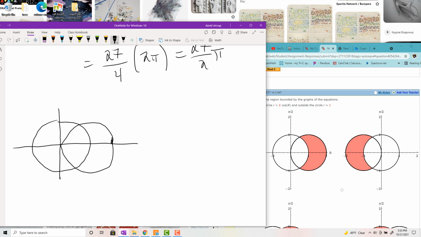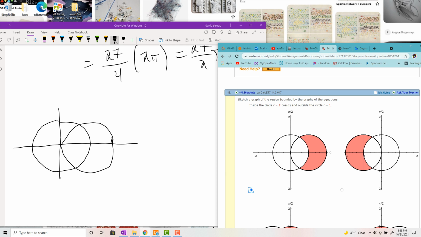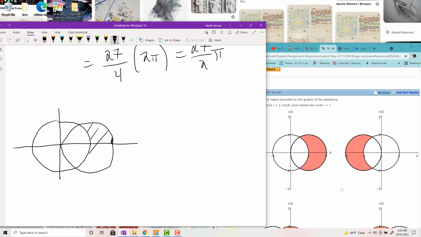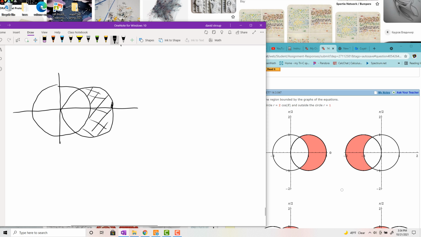So again, the question says inside the circle r equals 2 cosine theta, so that's in this part, and then outside the circle r equals 1, so they want this stuff here. Okay, alrighty then. In order to figure that out, it's not maybe as obvious as I think you would think.